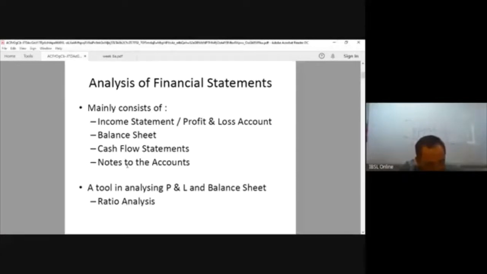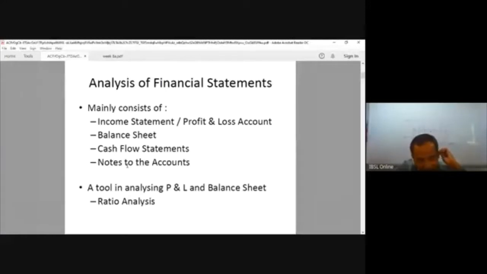Now your bank, where accounts are prepared for a period from January to December, will say income statement for the 1 year period ended 31st December 2020. Those are basically prepared to show the profit or loss generated by this particular business for the particular period.